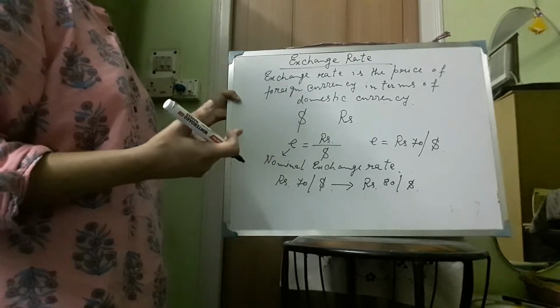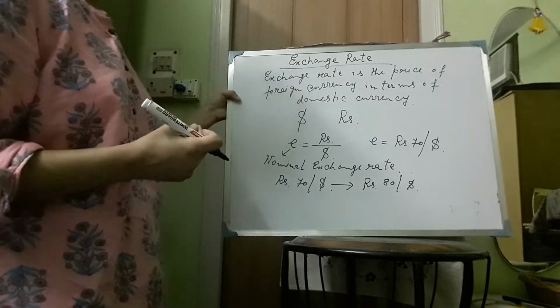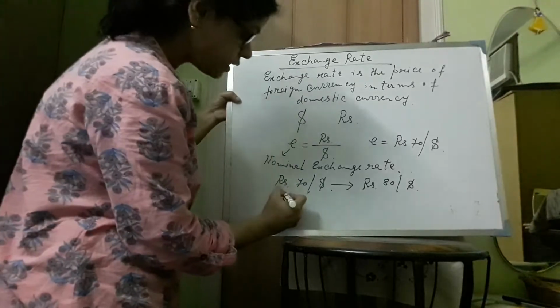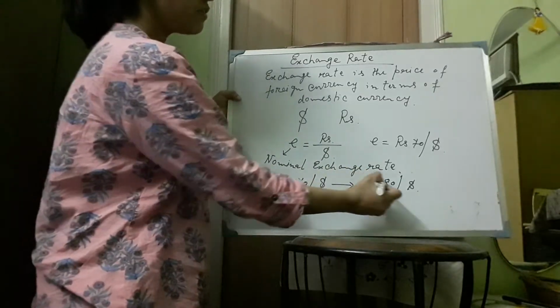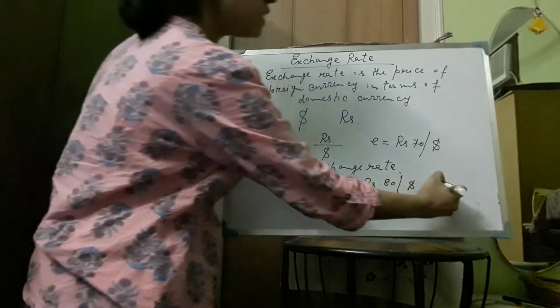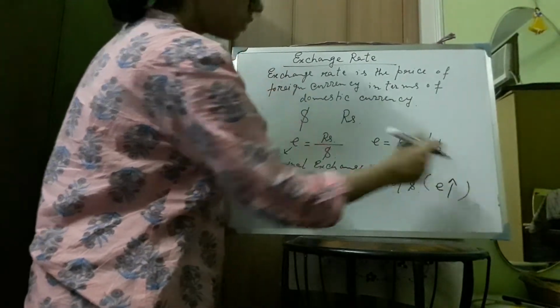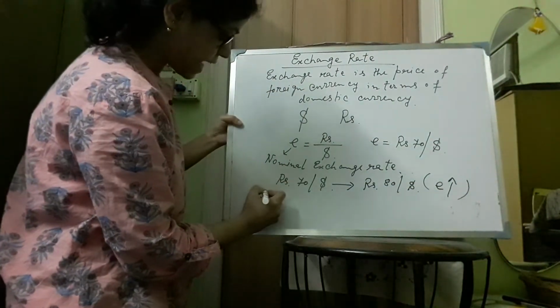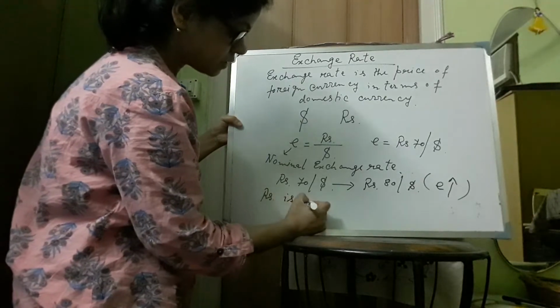So we can say that the domestic currency has been devalued. So if the exchange rate increases from rupees 70 to rupees 80, that means the nominal exchange rate is rising. Then we will say that the rupees is devalued.